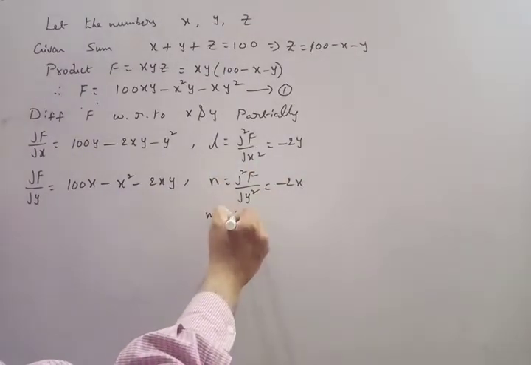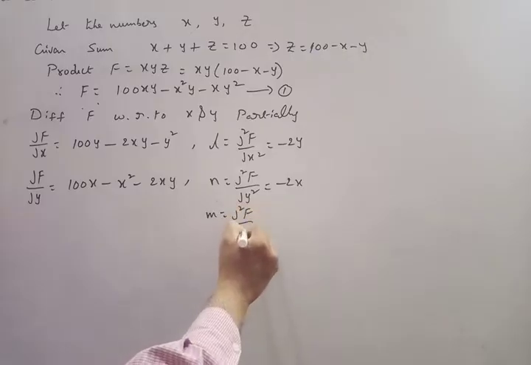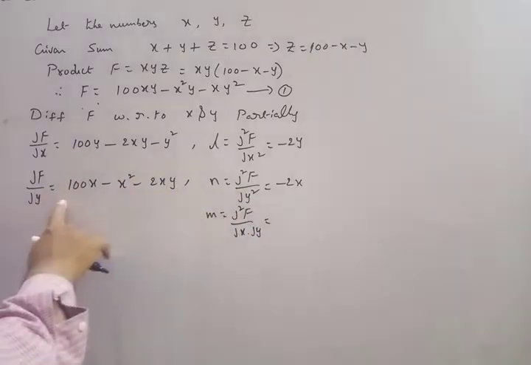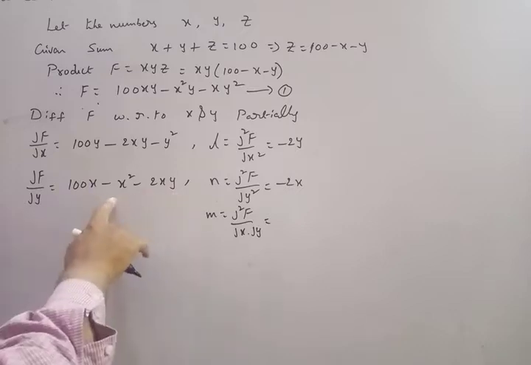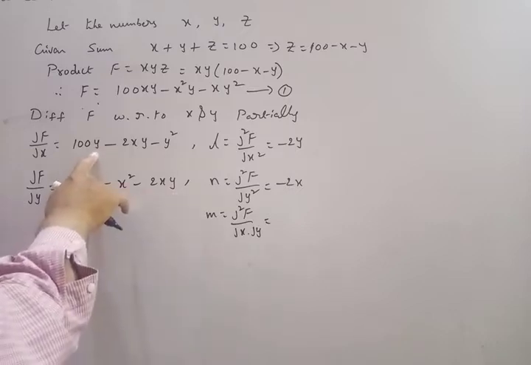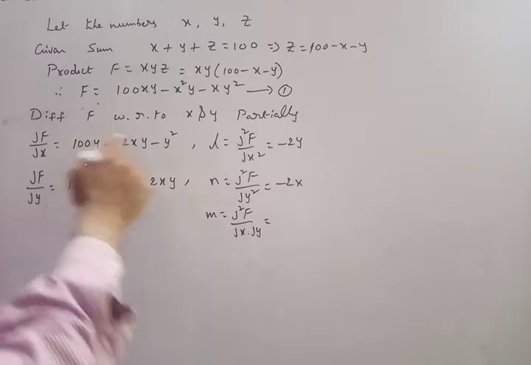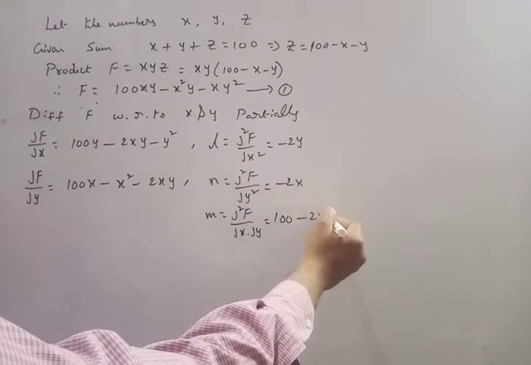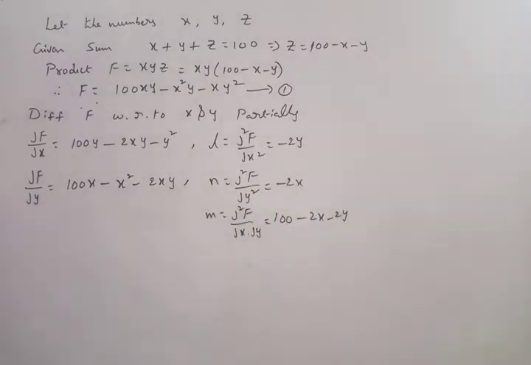Now what is the m value? Dou square f by dou x dou y. Differentiating with respect to y, y is 1, 100, and 2x, y square will become 2y. That is the value of m. So we calculated the L, n and m values.